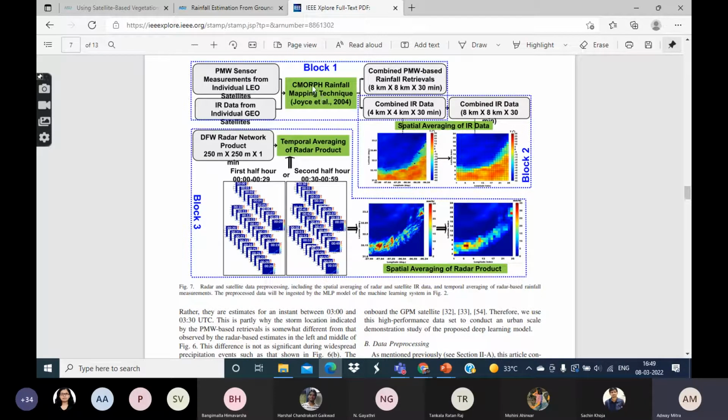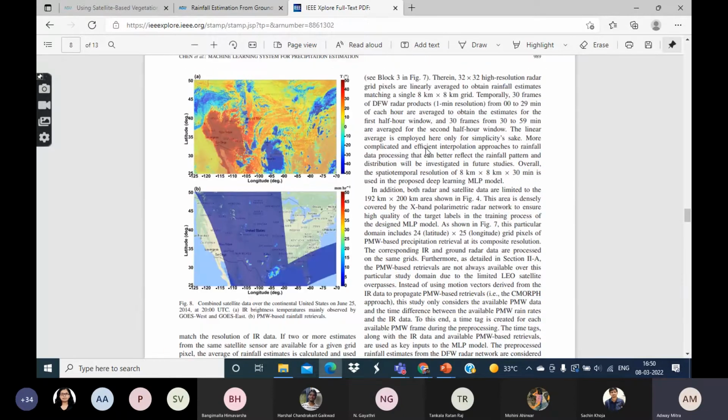Some data products are already there, and they use the technique of spatial resolution to bring both sets of estimates, one obtained from the neural network and the other from the CMOF technique which they already have, to the same spatial resolution, and then they are compared like this and so on.